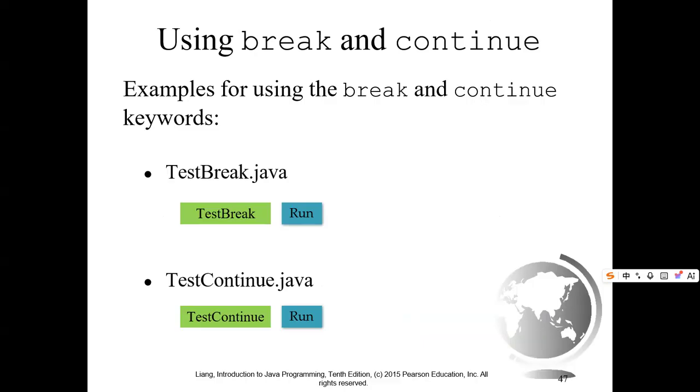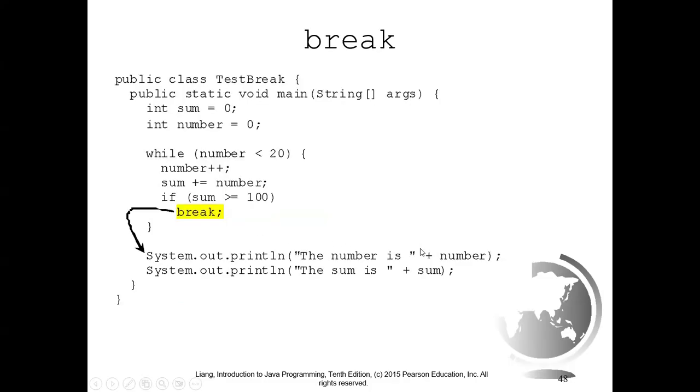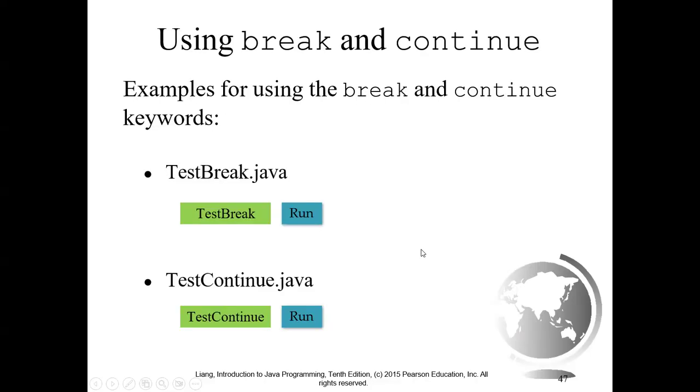And then we will discuss some other keywords in the loop blocks. For example, we may use break and continue in our loop body. Here we have two Java code listings. I will use the slides rather than go to the website itself.